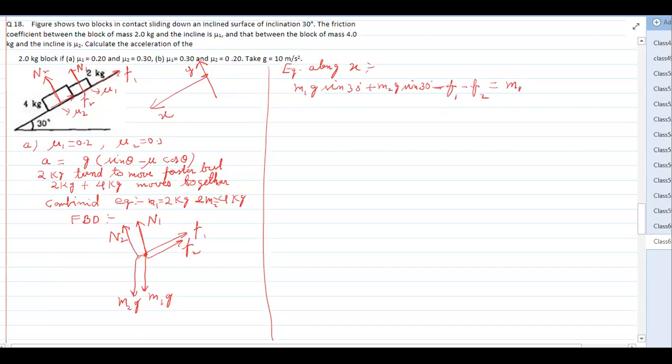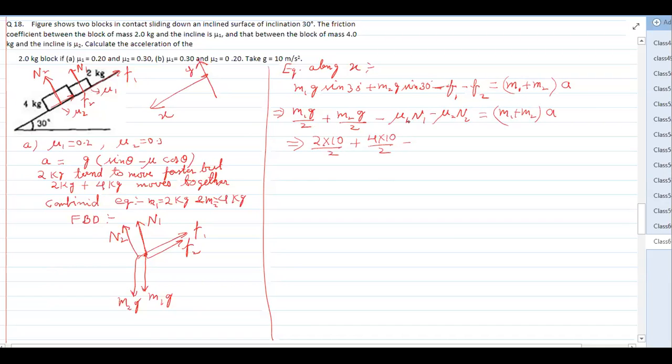They are combined, so (M1 plus M2) into A. So M1g by 2 plus M2g by 2 minus the friction. Friction is mu times normal, so mu1 N1 minus mu2 N2 equals (M1 plus M2) A. Now we can put in the values: 2 kg into 10 by 2, 4 kg into 10 by 2, then mu1 and normal.